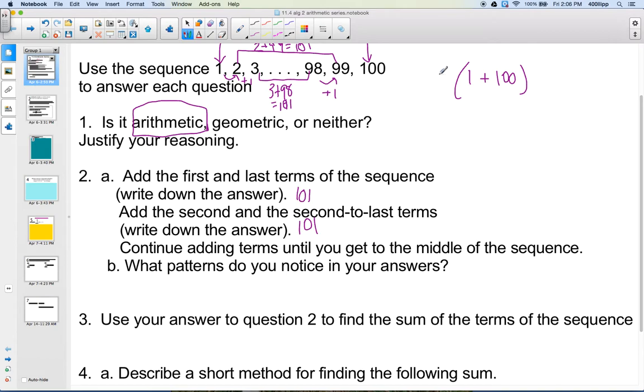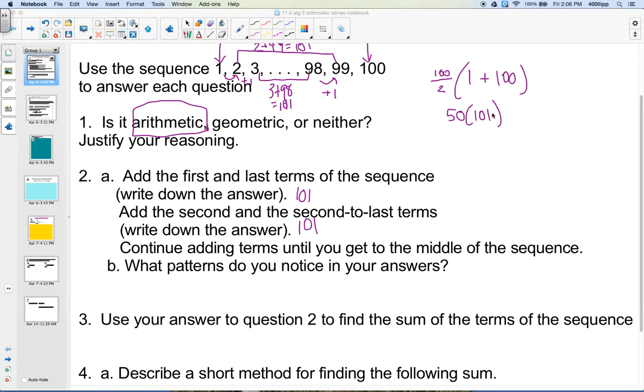And actually what you're doing when you're finding the pairs is you're taking however many numbers you have, which in this case is 100 numbers, and you're dividing that by 2 to get the number of pairs you have. So that's actually 50 times 101.